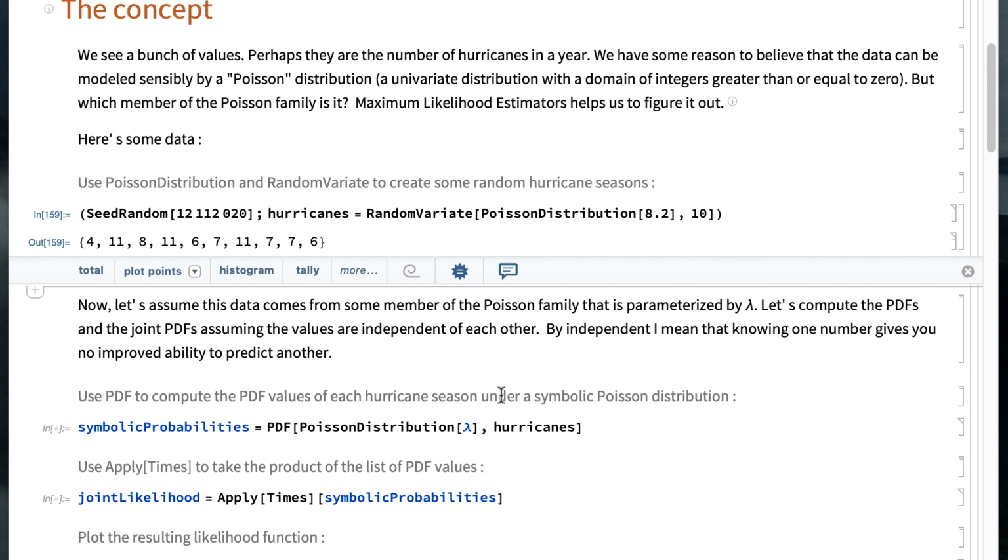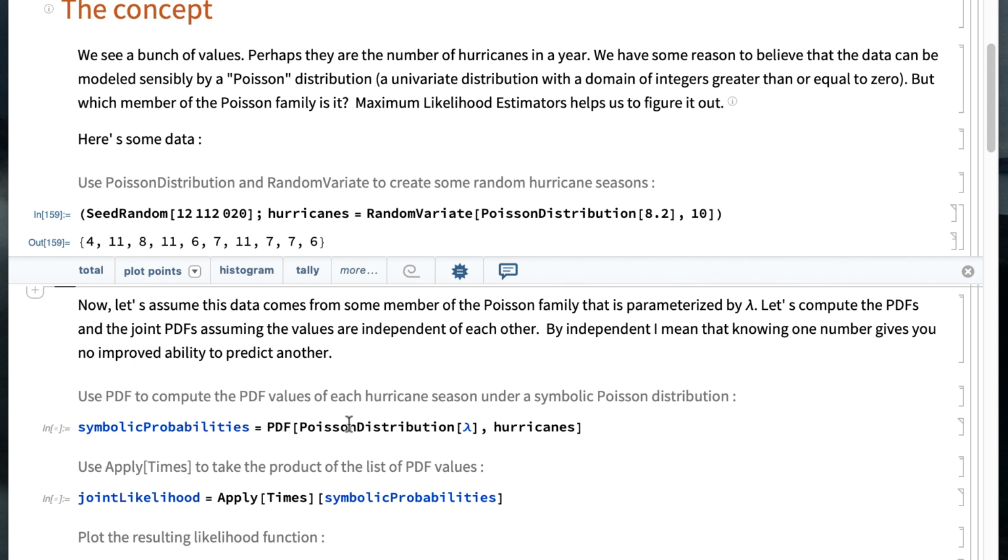Okay? So let's assume that the data comes from some member of the Poisson family. The Poisson distribution just takes a single parameter. We'll call it lambda because usually Poisson distribution parameters are called lambda. Let's figure out the probabilities of each of these hurricane events given that the parameter of the Poisson distribution was in fact lambda.